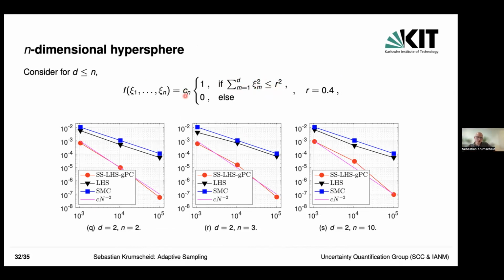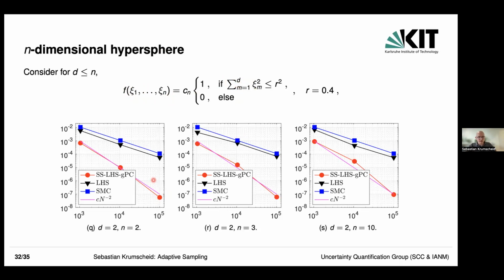Here are a few typos, sorry. This tuning parameter Cn depends on the number of random variables, and is tuned such that the probability is equal to 50%. And now we're adding another parameter d here. So what we want to study is that, for example, the entire problem could be n-dimensional, but the discontinuity is only living in a d-dimensional subspace.